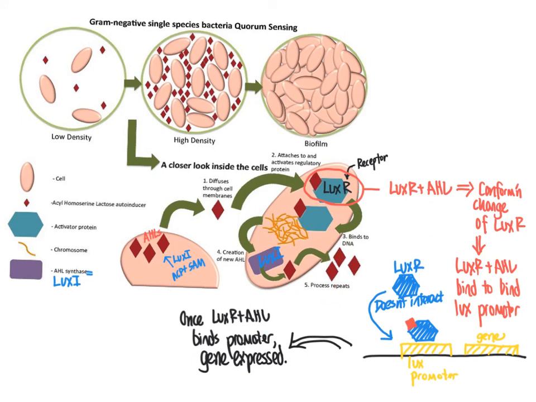So as the concentration of cells continues to increase, the amount of acyl homoserine lactones continues to increase as well, and the extent to which traits are ultimately impacted will continue to grow also. So now that we have looked at how the acyl homoserine lactones yield the observed effect on the phenotype of the organism, we're going to continue in the next video to explore the possibility of inhibiting quorum sensing as a promising avenue for drug discovery.